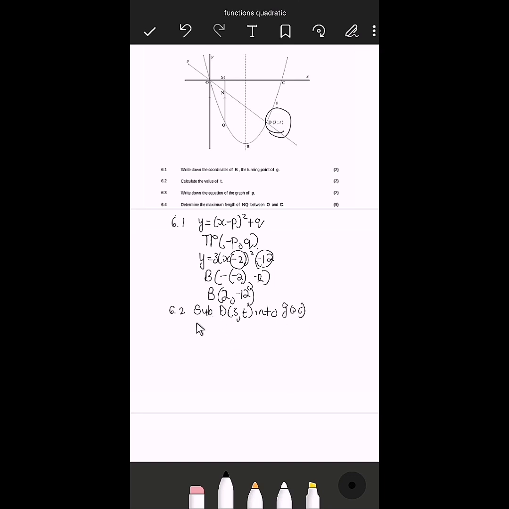So we need to substitute into the x because we have the x value. So it's 3 times (3 replaces the x, minus 2)² minus 12. Then we have 3 times 1 minus 12. That means t is minus 9.